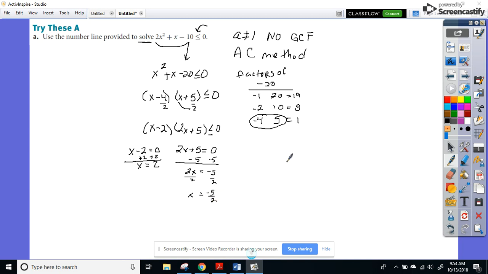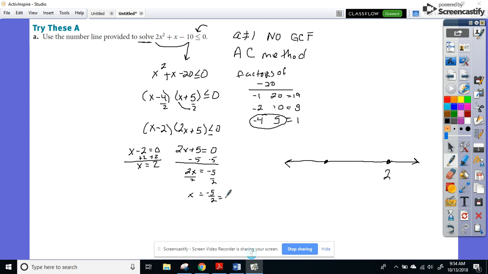Okay, so now for the connection of the algebra and the graph. So we know that this parabola is going to be crossing the x-axis at 2 places. It's going to be crossing it at 2, and it's going to be crossing it at negative 5 over 2. Now, think about where negative 5 over 2 is.